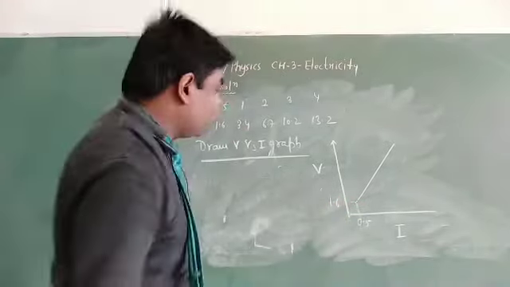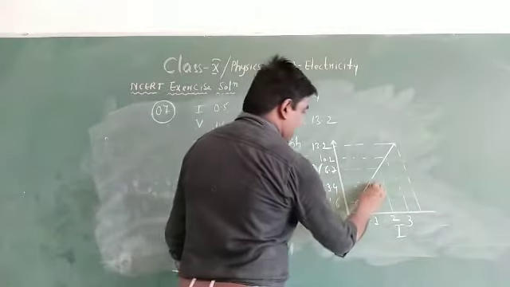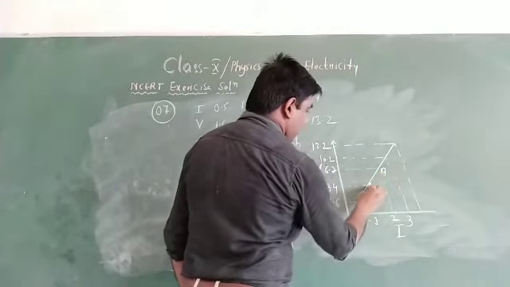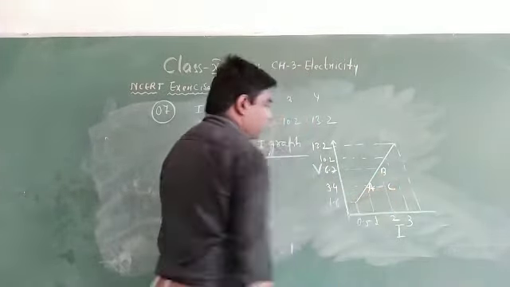We have to find the resistance from this graph. So let us mark one point. This is A, B, C. Means this point is A, this point is B, and we have drawn a perpendicular, and this is C. So R is equal to what? That is, we can write BC divided by AC.